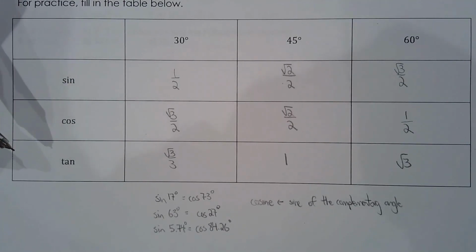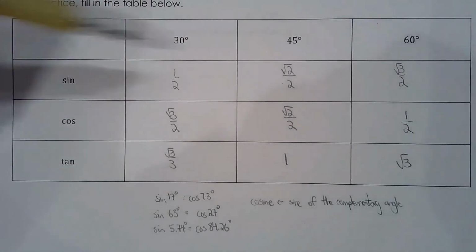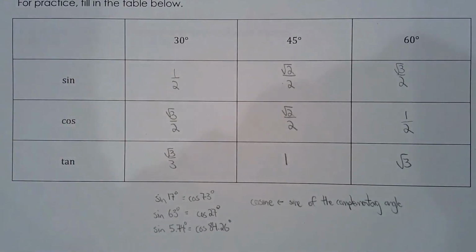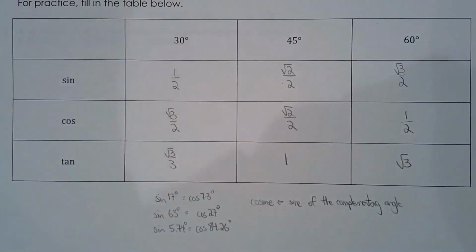Later on in the unit, you'll learn that you can take sine 30 and divide it by cos 30 to get tan 30. You can take sine 45 and divide it by cosine 45 to get tan 45. And lastly, sine 60 degrees divided by cos 60 degrees to get tan 60 degrees.